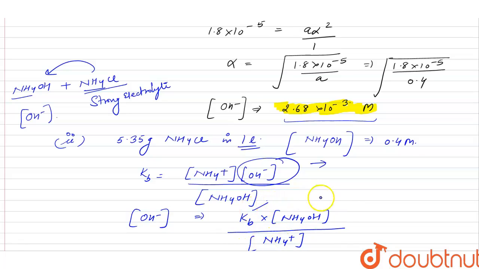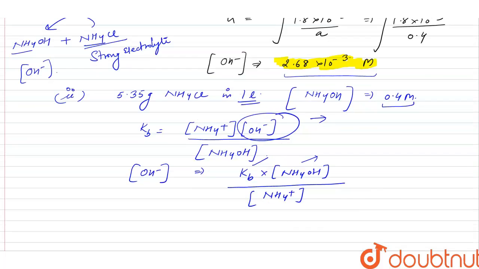Now we have the value of Kb, and we have the concentration of NH4OH, that is 0.4 molar. Now we have to calculate the concentration of NH4 positive. For NH4Cl salt, when it dissociates, it gives NH4 positive plus Cl negative. We are given 5.35 grams of NH4Cl in 1 liter of solution.